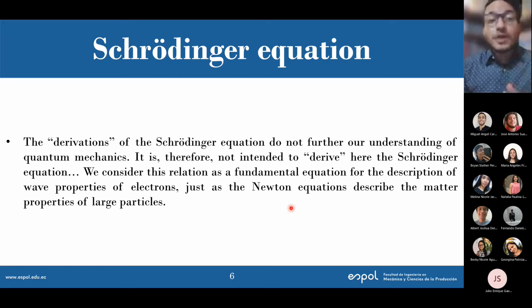So we're not going to derive the equation, but we're going to solve it, and we're going to see how this equation relates to what we need to learn. So for the purposes of this class, we're going to consider the Schrodinger equation as a fundamental equation, such as Newton's equations, for example. So we're going to take it as granted. Okay, we're not going to derive this equation because that's not really the purpose of this class.